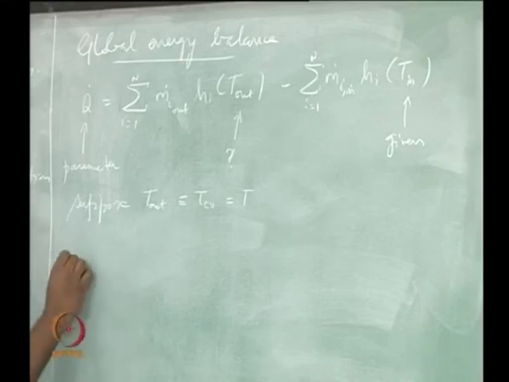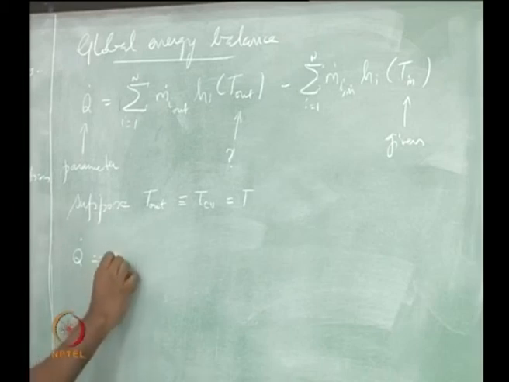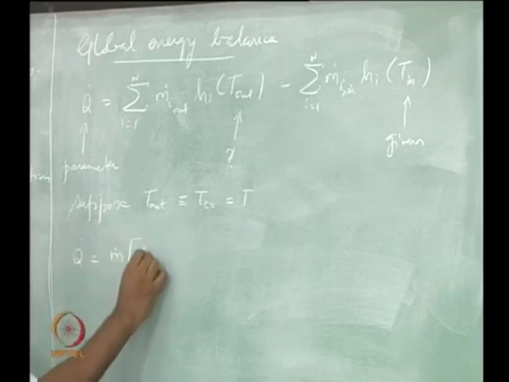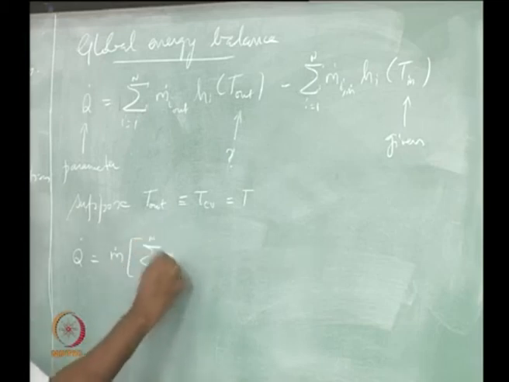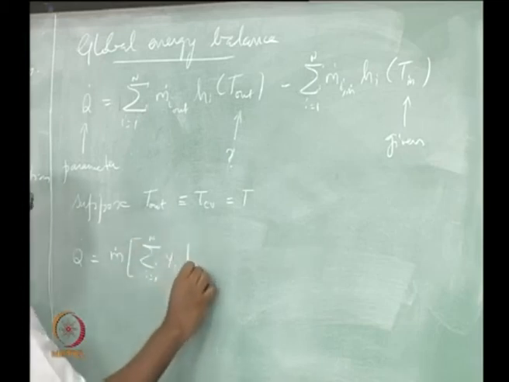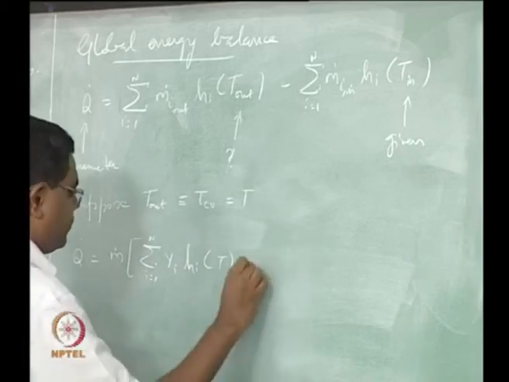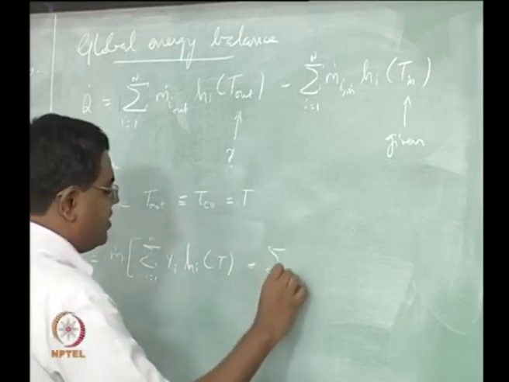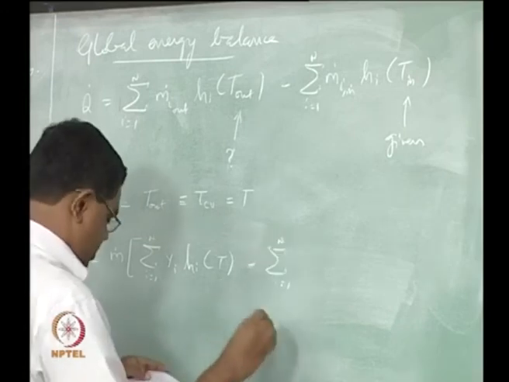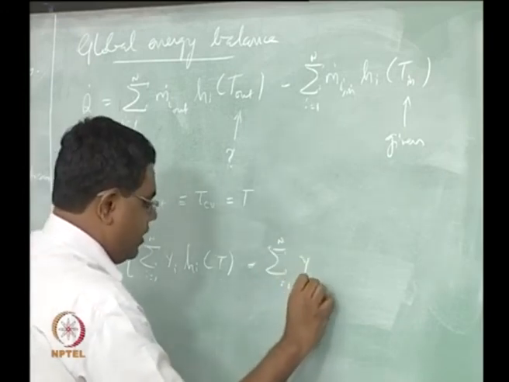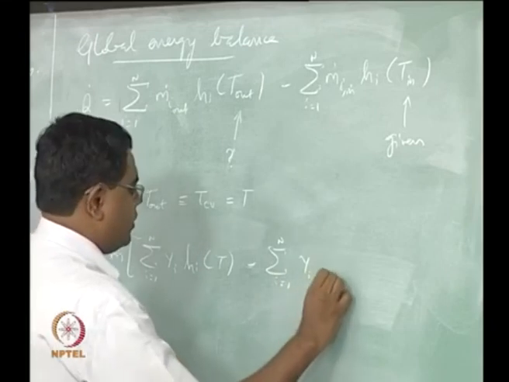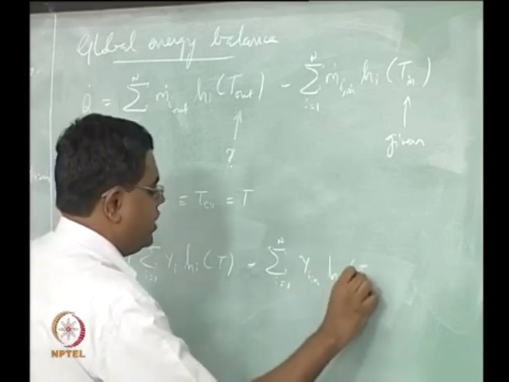So q dot is equal to, we can now pull the m dot out, sigma I equals 1 to n yi hi of T minus sigma I equals 1 to n yi in hi of T in.